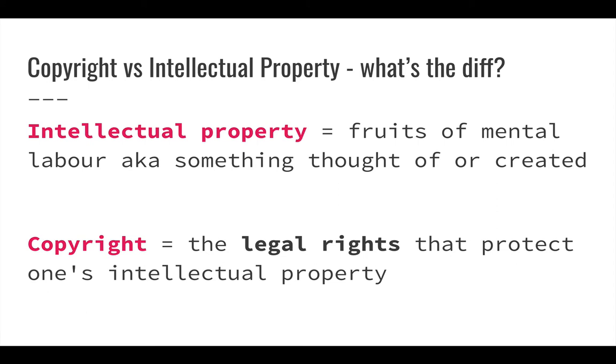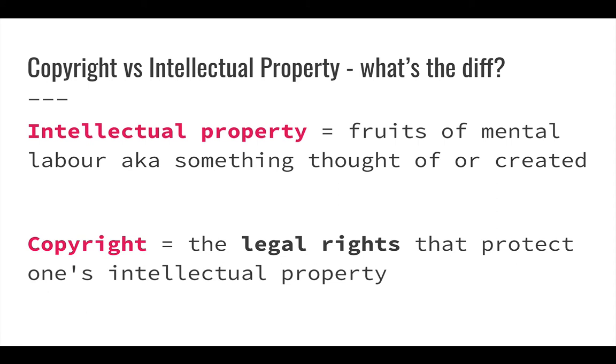Now, the official definition of intellectual property is the fruits of mental labor. It's specifically defined by that, because my intellectual property doesn't necessarily have to be something tangible or something I can see, feel, or touch. It can actually be a concept or an idea.